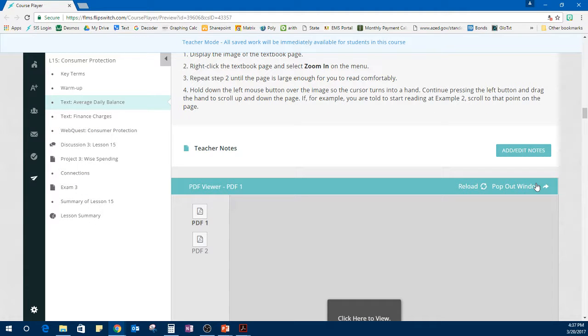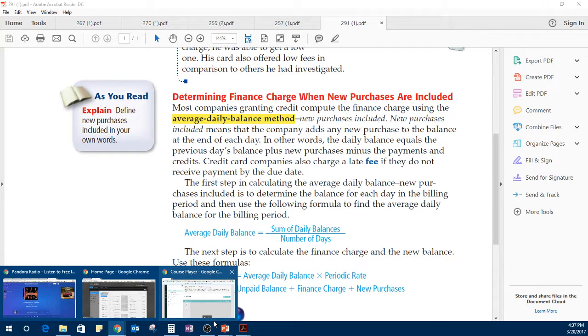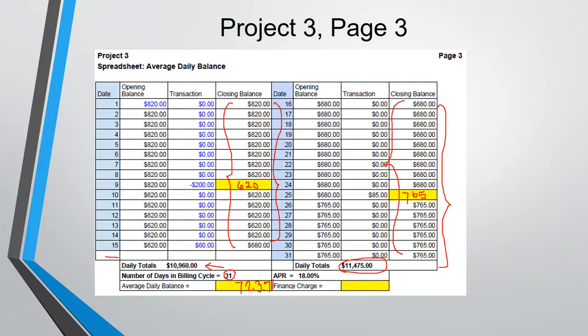If you open really quick, it tells you down here, sum of daily balances divided by the number of days. So we had 31 days, that's why we divided by that. Alright, the next question is also on that activity, so we're good.